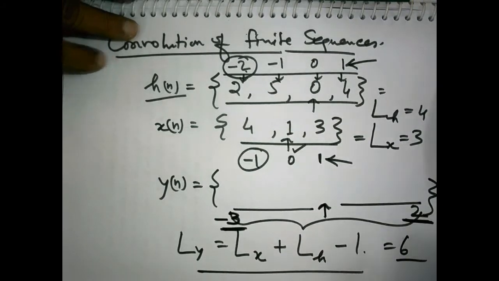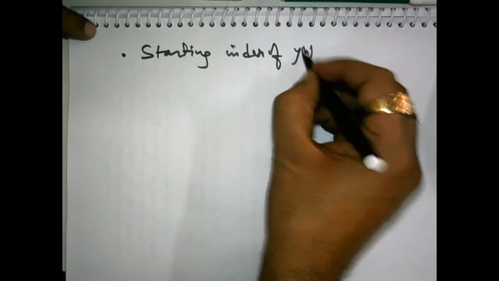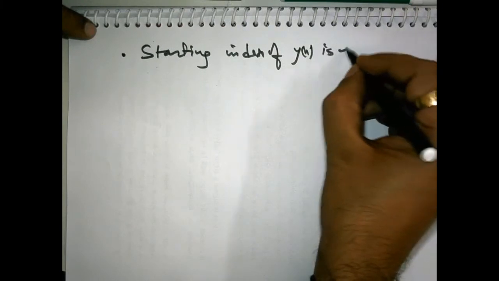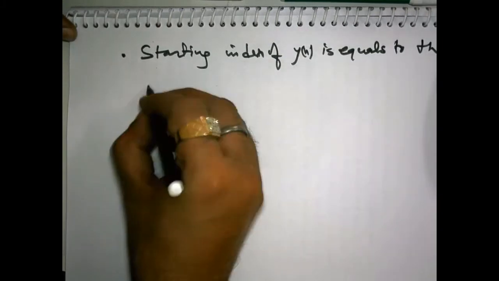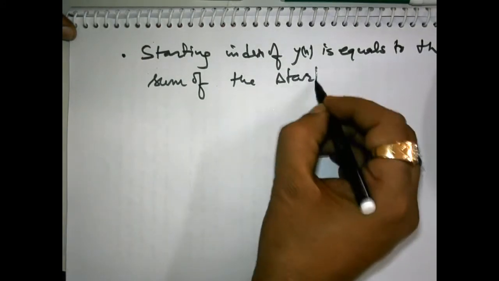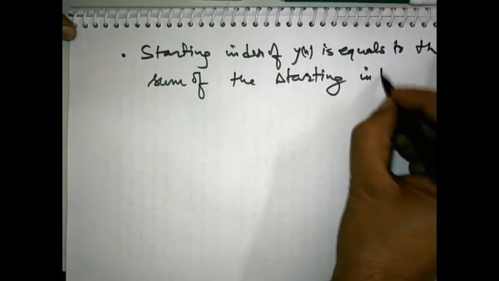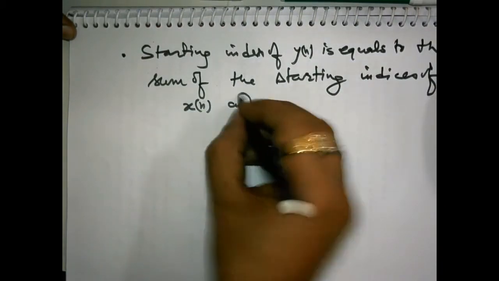Got my point? You may note it down: the starting index of yn is equal to the sum of the starting indices of xn and hn.